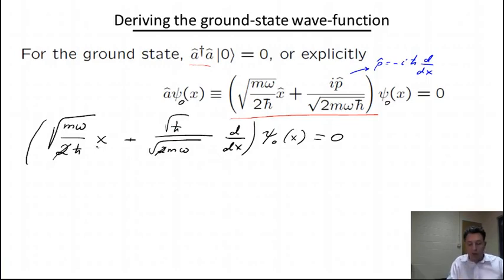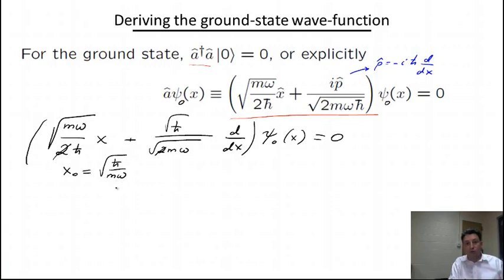And so what I see here is that I can introduce a new parameter, let me call it x naught, which is the square root of h bar divided by m omega, and it appears both here and here. You can check that the physical dimension of this square root of h bar over m omega is a length scale.